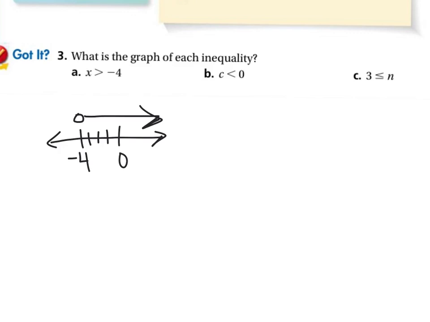And then for interval notation, starting from the left, the first thing that we have is at -4. It's an open circle there, so we'll put parentheses because it doesn't include it. And then we're going over to positive infinity, and then put parentheses next to that one.